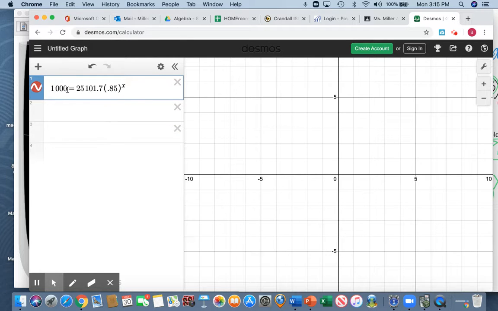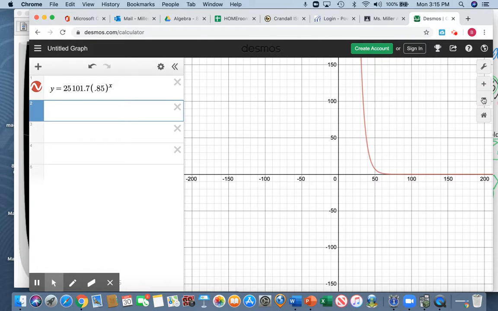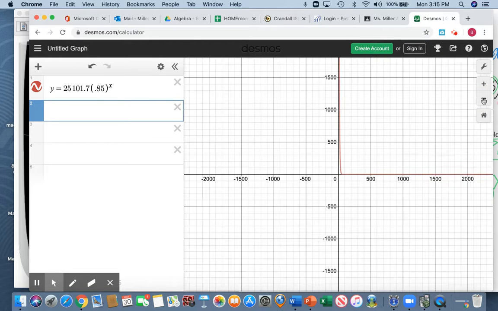Now I want to change that to y actually, because I want to look at the graph of this. We need to zoom it on out because we're talking about majorly big numbers. And we want to know when the price, which is y, is less than 1,000. Well, there's 1,000-ish, about right there.